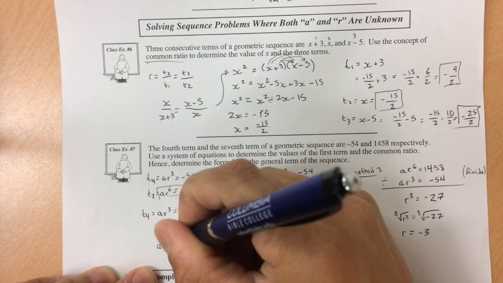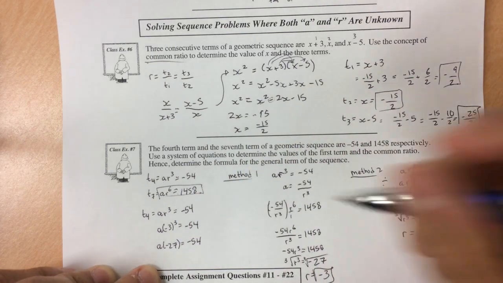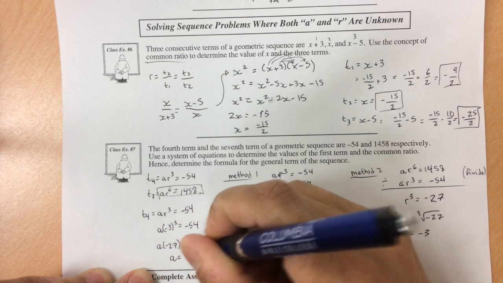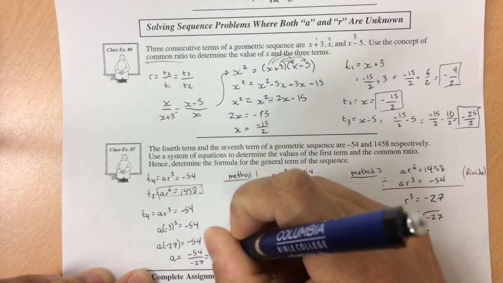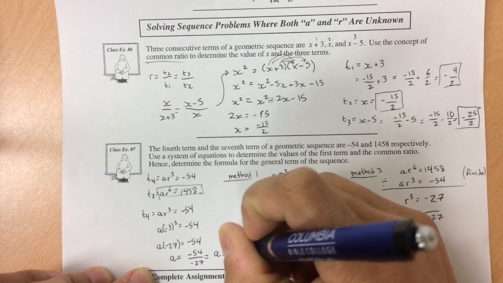So a times negative 27 equals negative 54. If I divide this 27 out, my value of a is equal to 2.